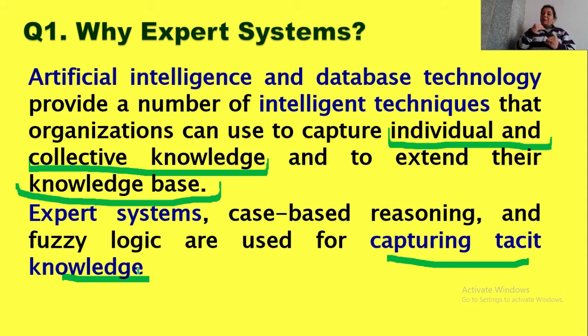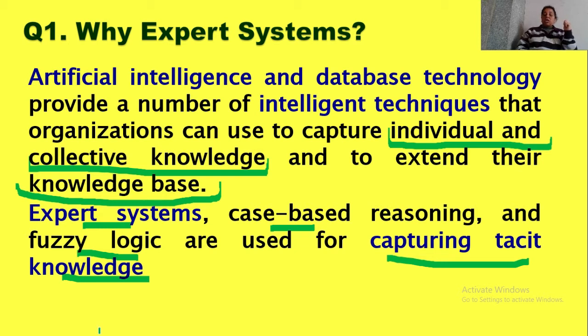That information or knowledge gathered through so many years of experience and learning can be called tacit knowledge. Expert systems, case-based reasoning and fuzzy logic are the three intelligent techniques which work on capturing such tacit knowledge.